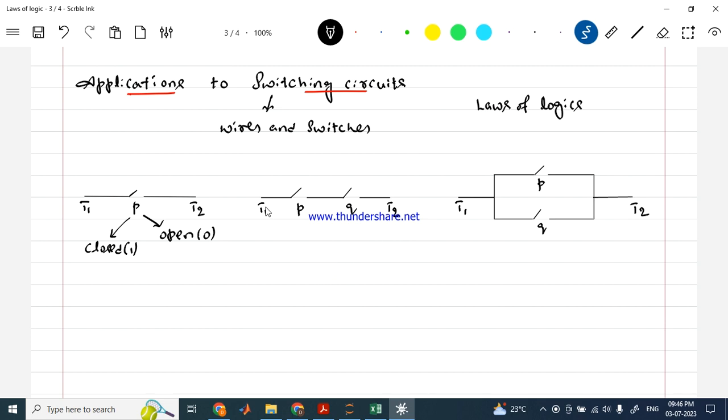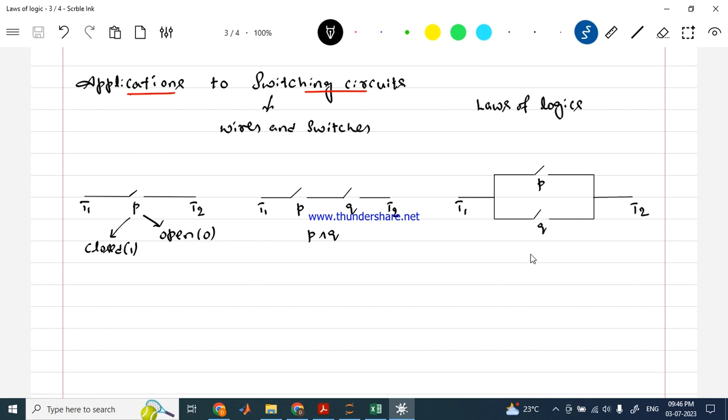If I consider this switching circuit, we can note that current flows from T1 to T2 provided both the switches P and Q are closed, and we say P and Q are in series connection, and this represents P conjunction Q. And if we consider this, we can note that current flows from T1 to T2 when at least one of the switches is closed.